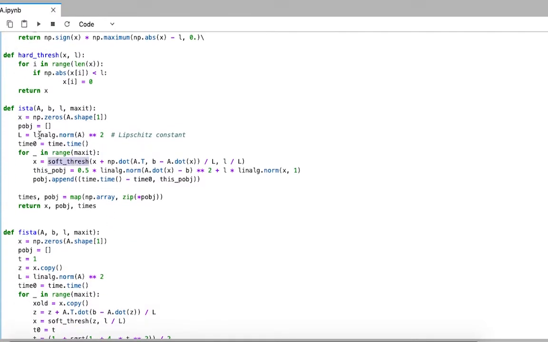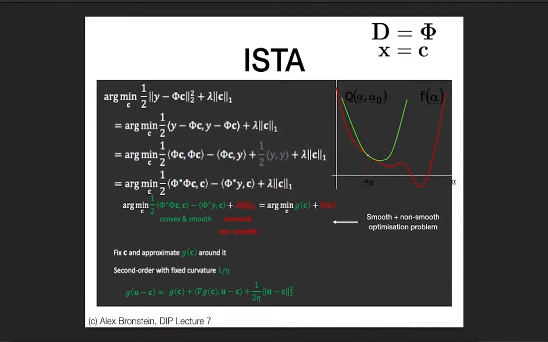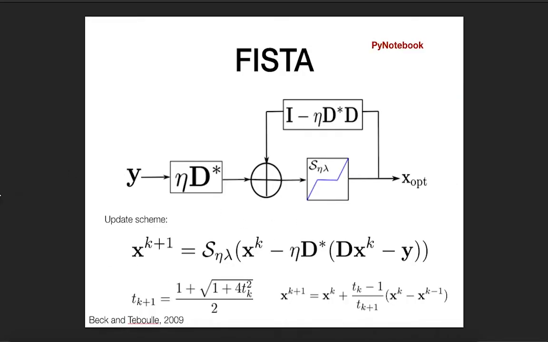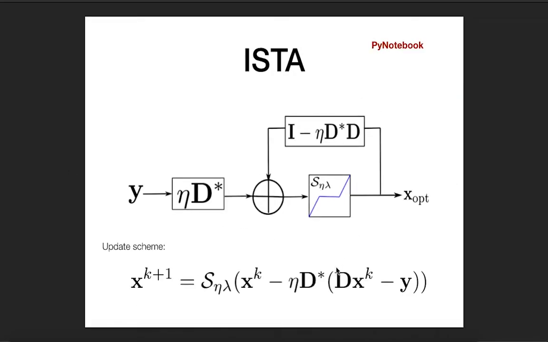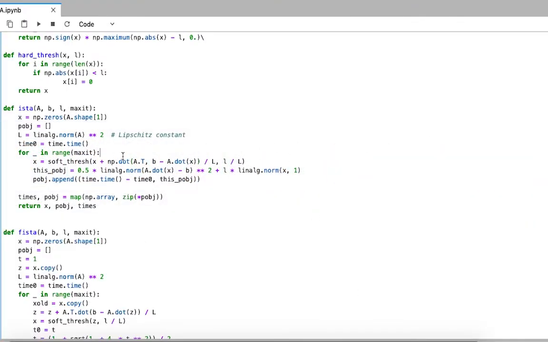First I want to soft threshold the following thing, which is A transpose (B minus AX). Basically, it's the same as this. I'm subtracting and putting an addition here. So this is basically this equation, and this is to account for the convergence, the L thing, and then I'm just doing it over and over again, right?